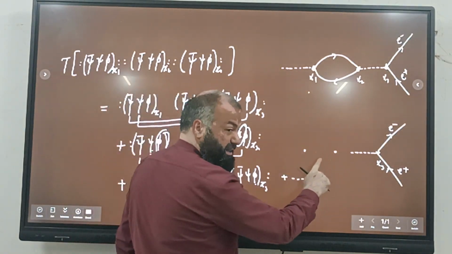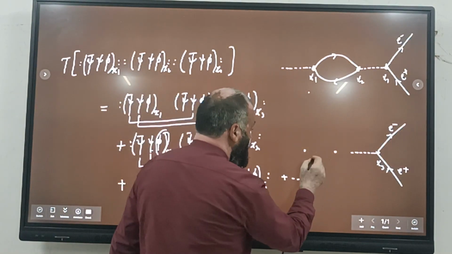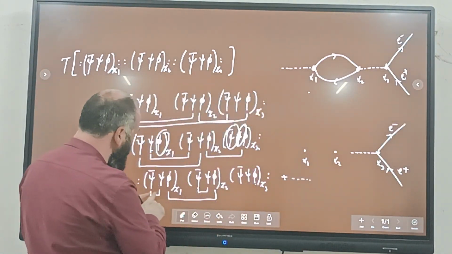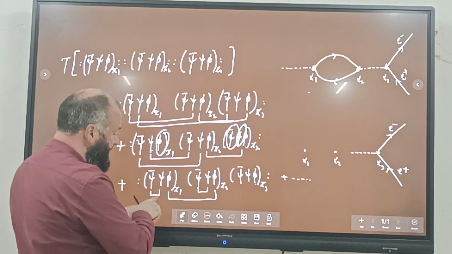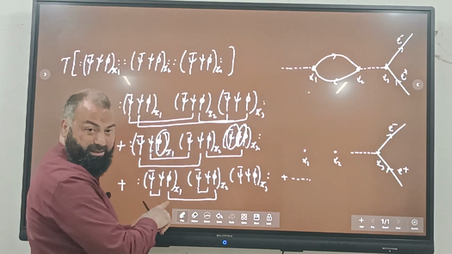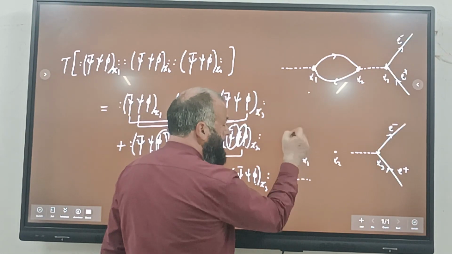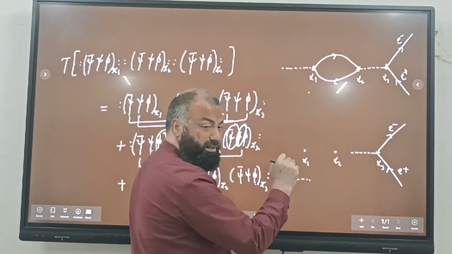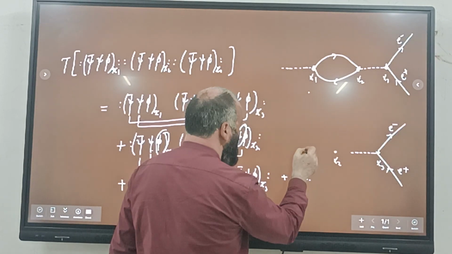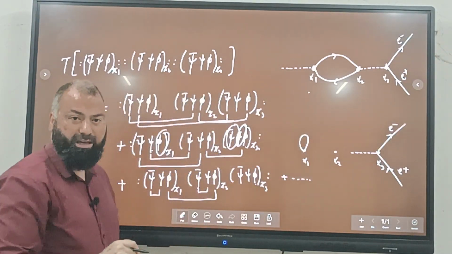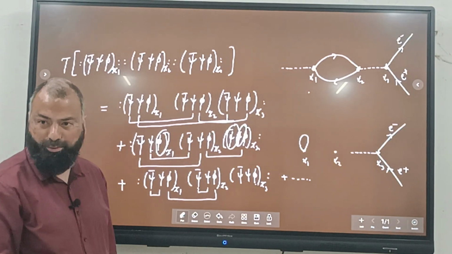This is not connected. So let's call this x2, and call this x1. You have the contraction of fields at point x1, so the field gets contracted with itself, because it comes back to the point.